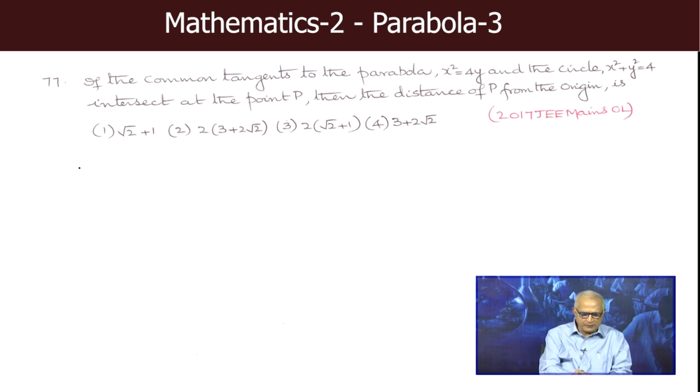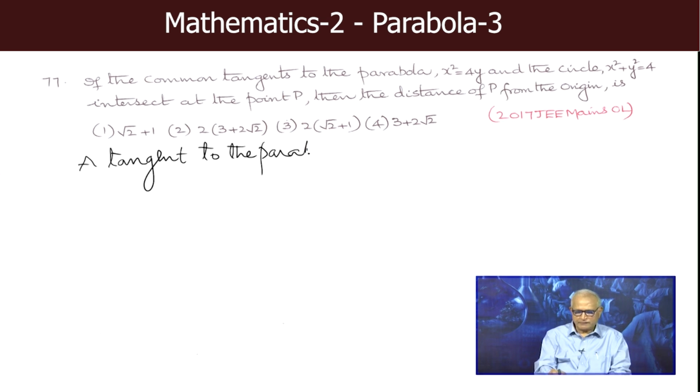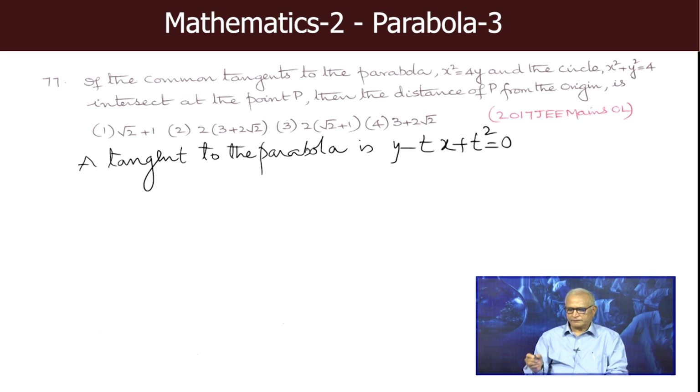A tangent to the parabola x square equal to 4y is, for the parabola x square equal to 4ay, y minus tx plus a into 1 plus t square equal to 0. So, y minus tx plus t square equal to 0.